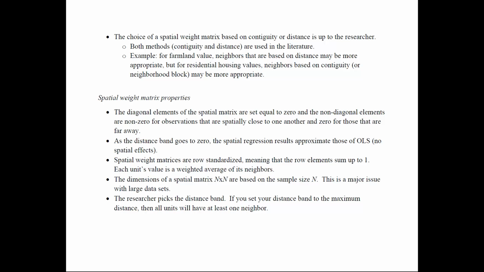So if you have anywhere like 50, 100, 200, 300, 400 observations, you're okay. But if you have too many of these, like imagine how many counties are in the US, they're over 3,000. If you're starting to create a matrix of 3,000 times 3,000, that will be very hard for software to handle.